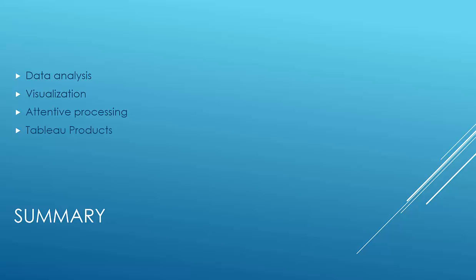And we then talked about Tableau products: we covered Tableau Desktop, Tableau Online, Tableau Public, and Tableau Reader. So this is a high-level view of what we did in this introduction. That's all in the introduction. So thanks.